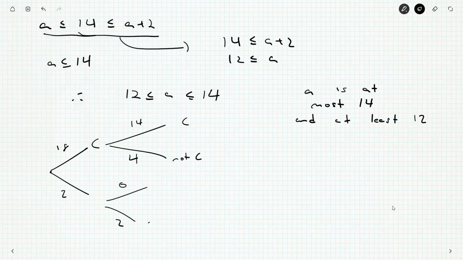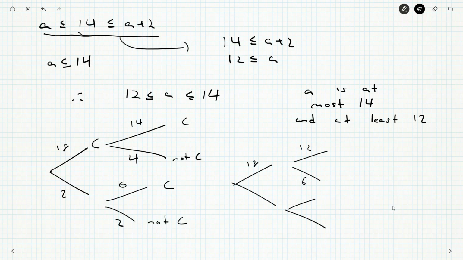And we'd have 2 people got both questions wrong. Nobody who got the first question wrong got the second question right. And this all works out. 18, we could have 12 up here, and that would leave 6 down here. We'd have 2 down here and 0 down here, and it all works out.